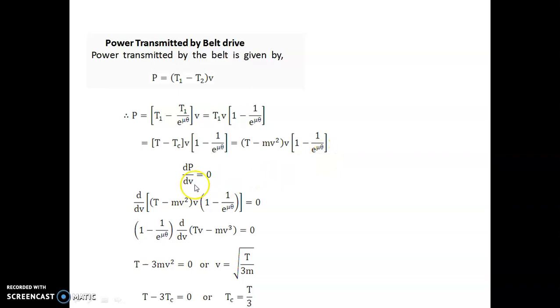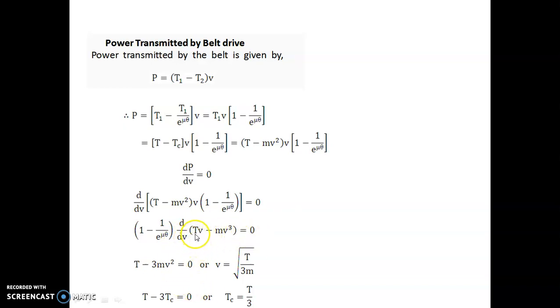If we take the derivative and equate it to 0, we will get the condition for maximum power transmission. So d upon dv of P is written here. It will be (1 minus 1 upon e raised to μθ) into d upon dv of (Tv minus mv³) equal to 0.